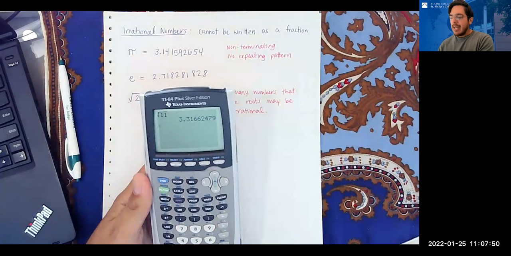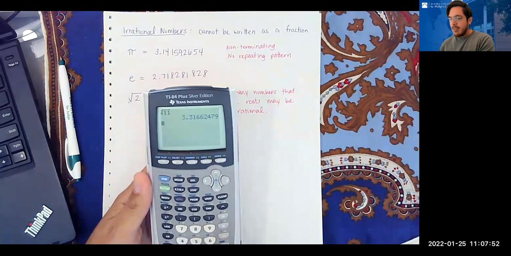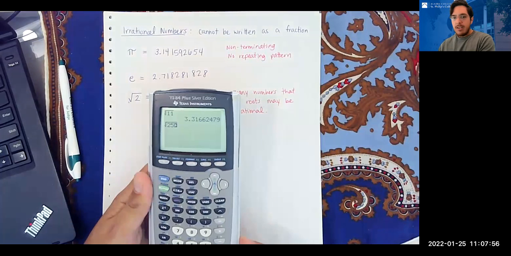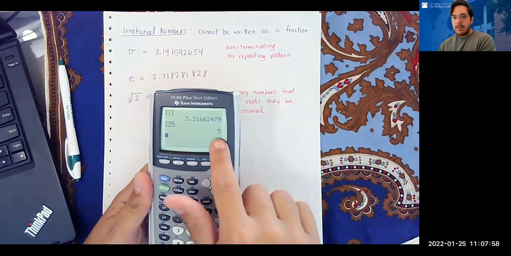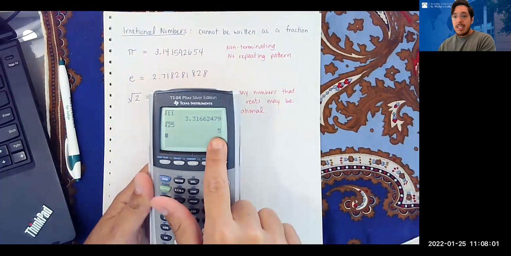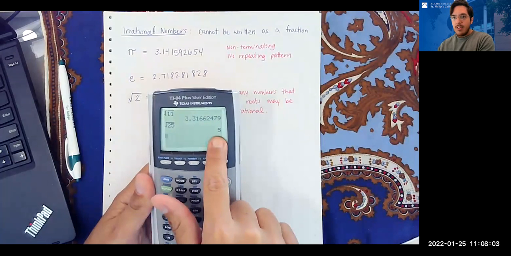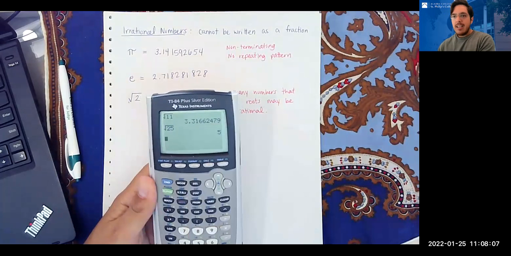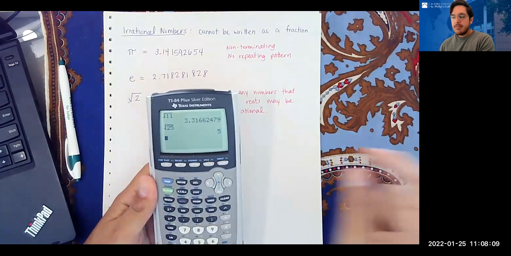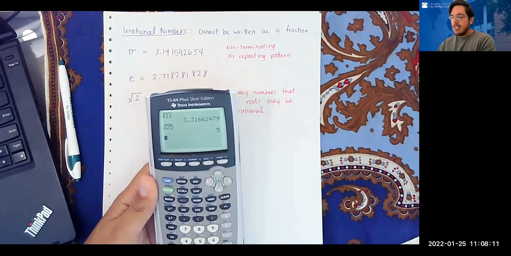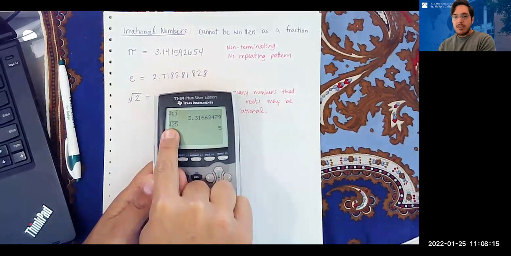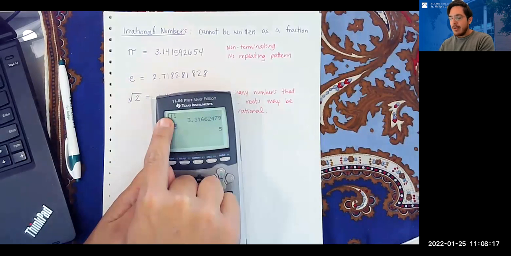But if I put another random number and took the square root of that, like 25, notice that the square root of 25 is just 5, according to my calculator. That is a terminating value. There's not a long list of decimal values. Since it's terminating, I know it's rational. Okay, so some of these roots may be rational. Some of them may be irrational. You'll have to check those in the calculator.